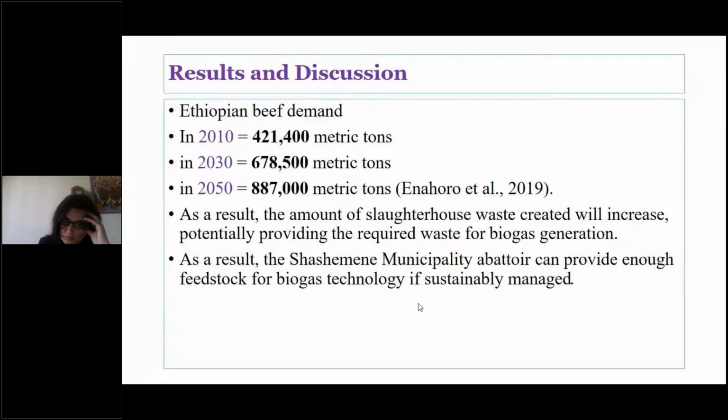In 2050, it is expected to be more than 887 ton. As a result, the amounts of slaughterhouse waste created will increase, potentially providing the required waste for biogas production. As a result, Shashamane Municipal Abattoir can have a potential to provide enough feedstock for biogas technology.